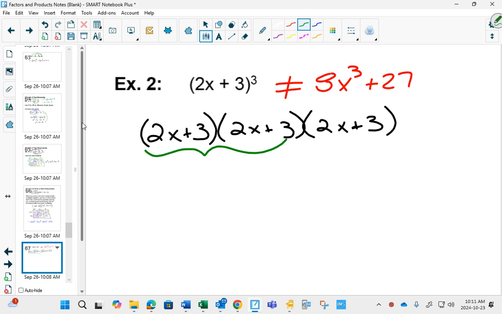Doesn't matter which 2 you choose, and multiply them first. If I chose these 2, you see that choosing any 2 would be exactly the same. Using FOIL, I'm going to get 4x squared. Outside is going to be plus 6x, inside plus 6x. Last one's plus 9.